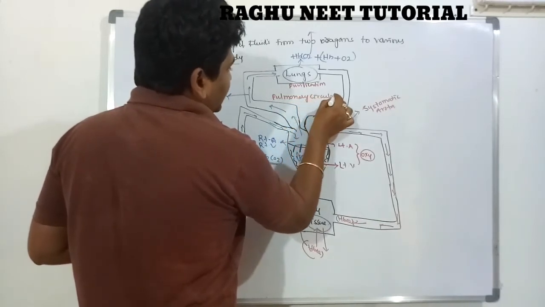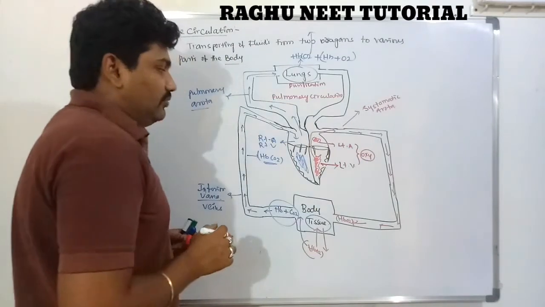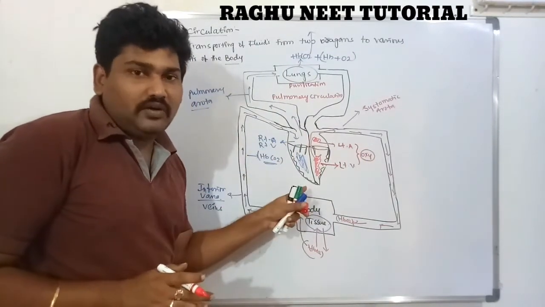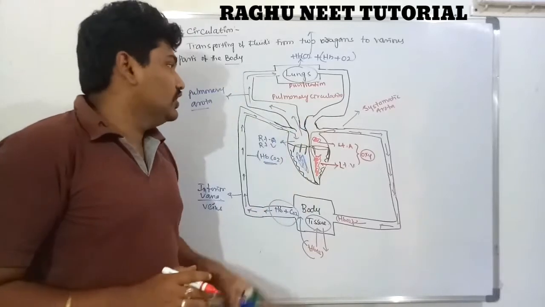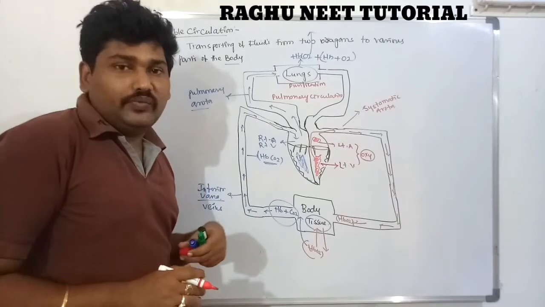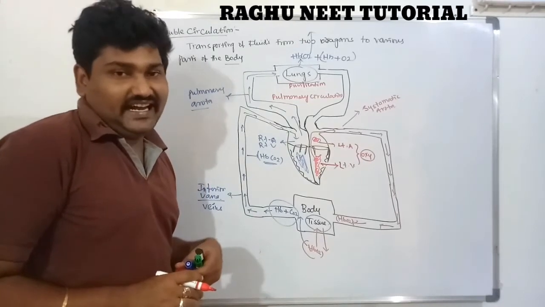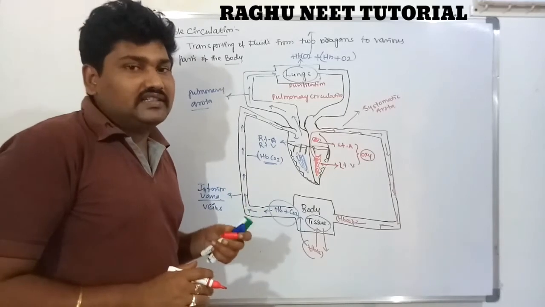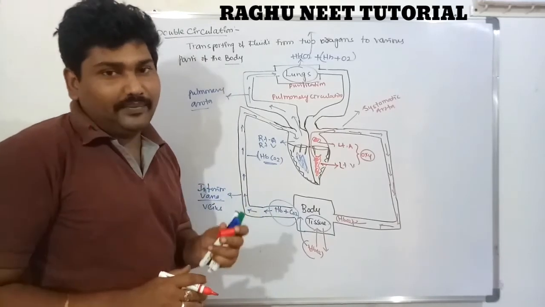What is the pulmonary circulation? Pulmonary circulation is nothing but the deoxygenated blood transported from the right chamber of the heart to the lungs region through the pulmonary aorta, after which the deoxygenated blood is converted into oxygenated blood. Why? Because dissociation occurs between the hemoglobin and carbon dioxide.